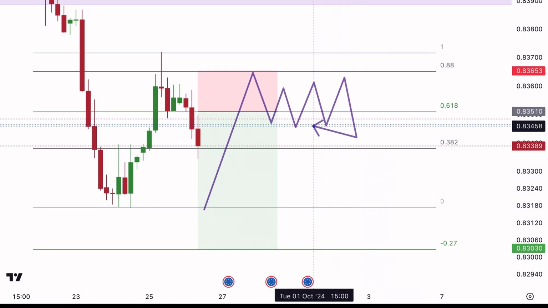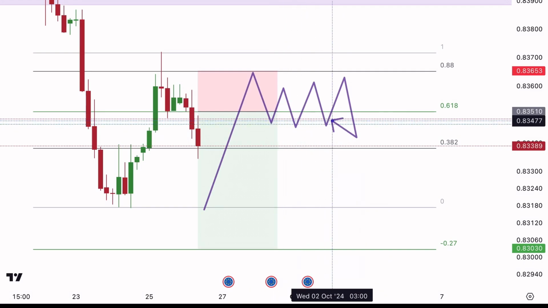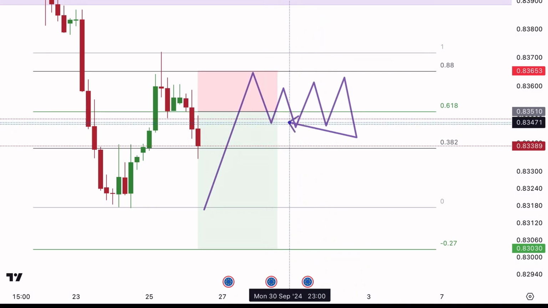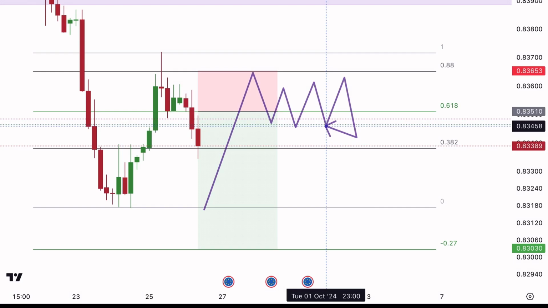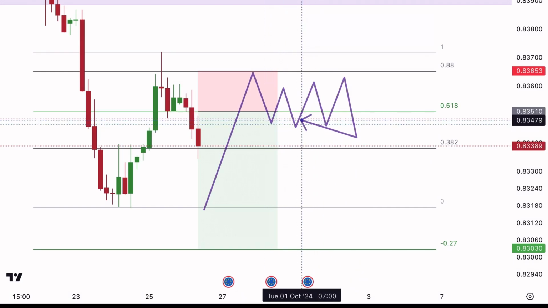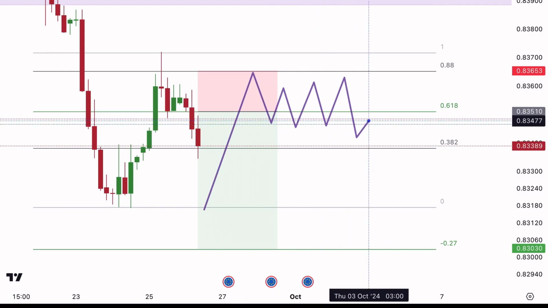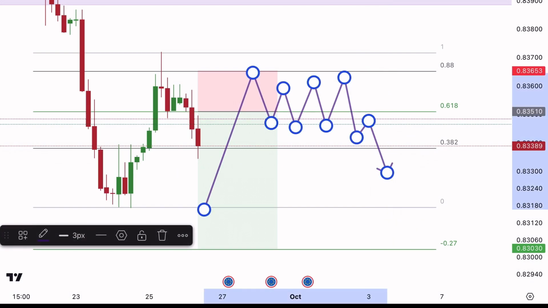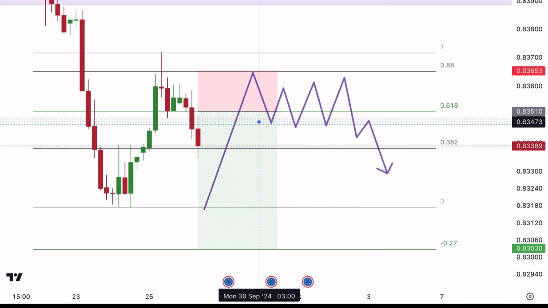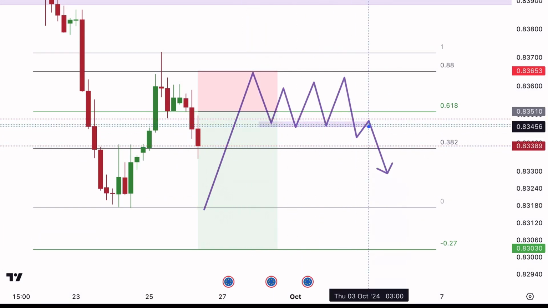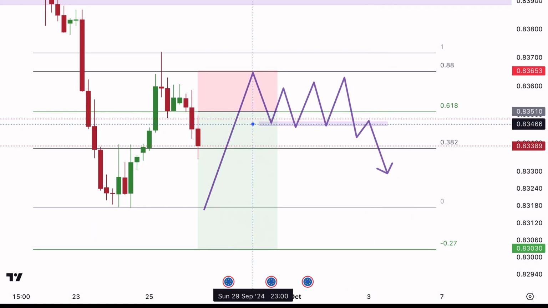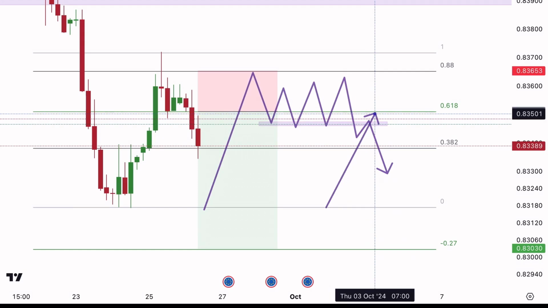Price can just retest, because all these wicks that you see right here are structured on the lower time frame. So price can just come back, retest this level, and then decide to go lower, because these bottoms that you see right here, these lows, are structured on the lower time frame. Price doesn't need to come back all the way up here to the 61 level and then drop.